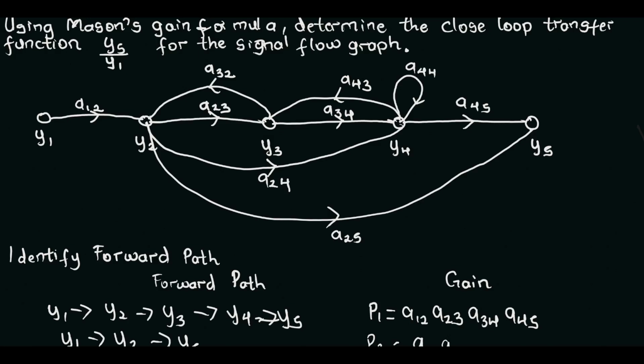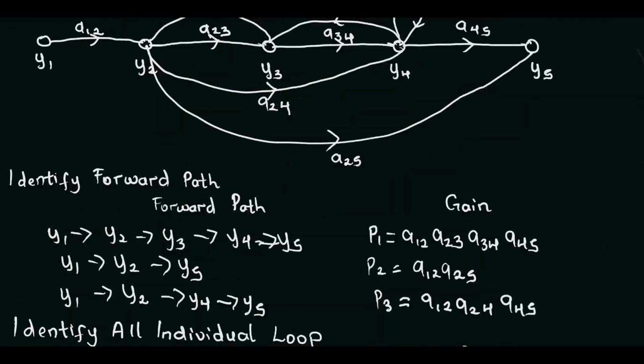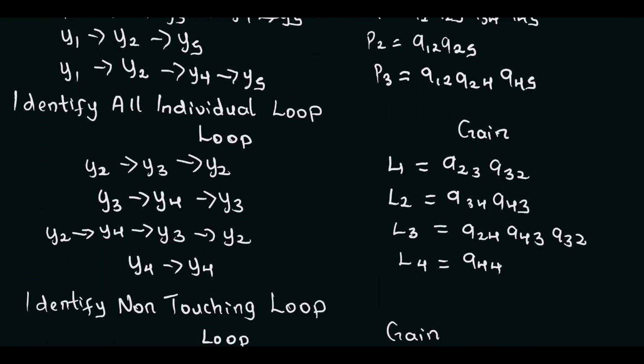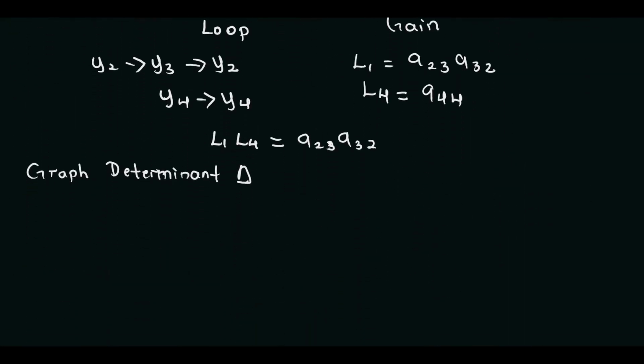If all the loops in the signal flow graph are touching the path, the determinant equals 1. Let's look at your first path. You can see from our first path that all the loops are touching it. So that means your delta 1 equals 1.